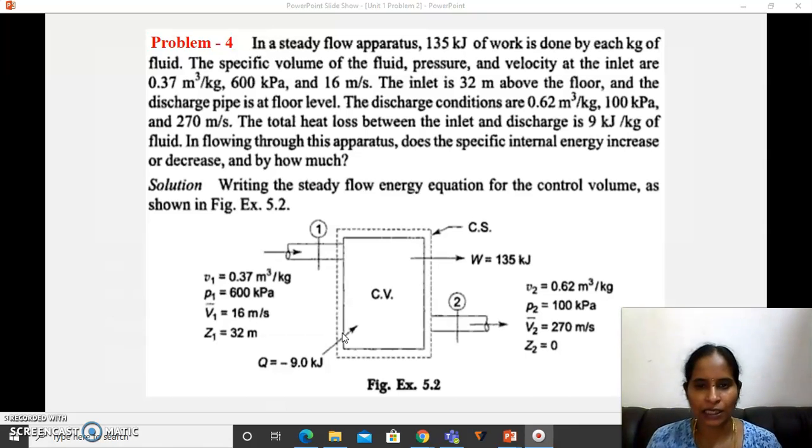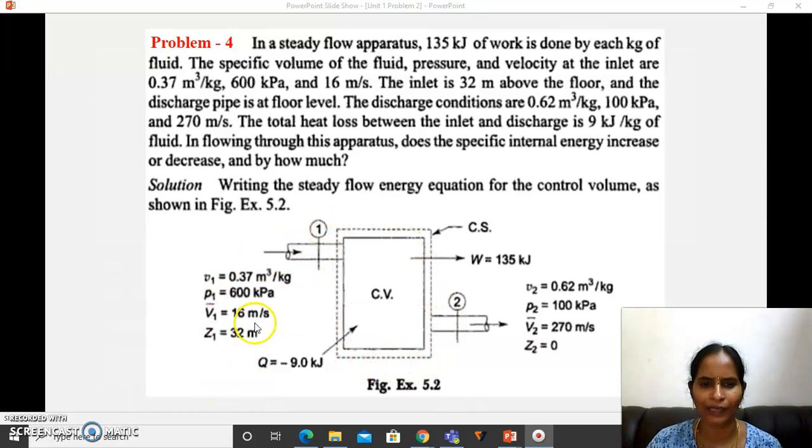It is a very simple problem, since the data has been given, and if you directly write the steady flow energy equation with the right units and substitute, you can easily solve it. You write the steady flow energy equation for the control volume. Here you can draw the control volume covered by the control surface.